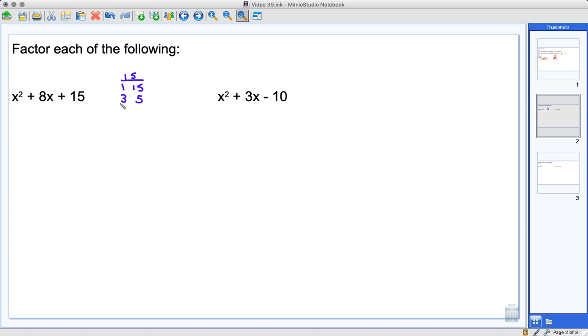Then 15 divided by 4 is another decimal, and then we get back to our 5. Of these two options, which one adds up to 8? That would be the 3 and the 5. Notice they're both positive. So I'm going to have x plus 3 times x plus 5.